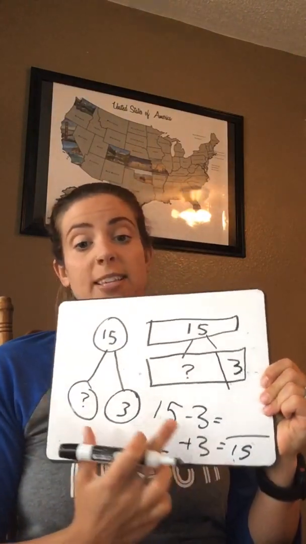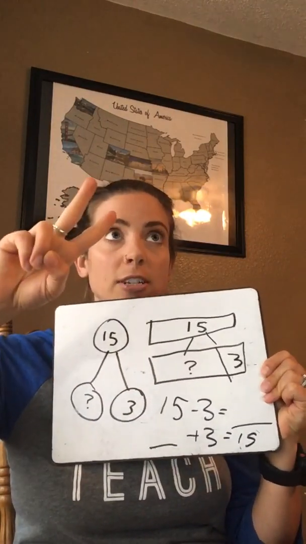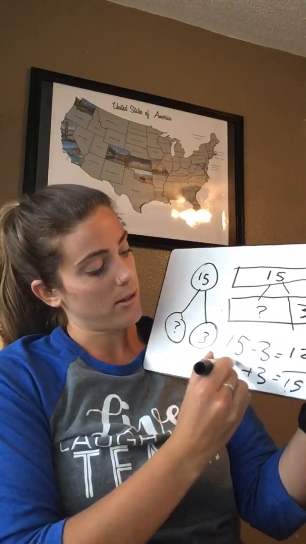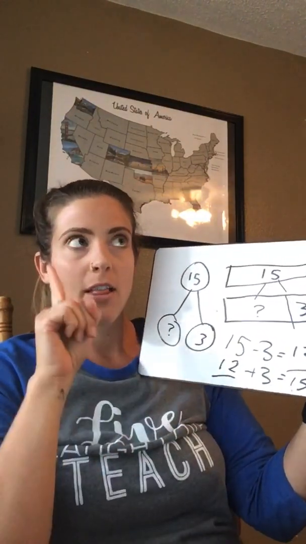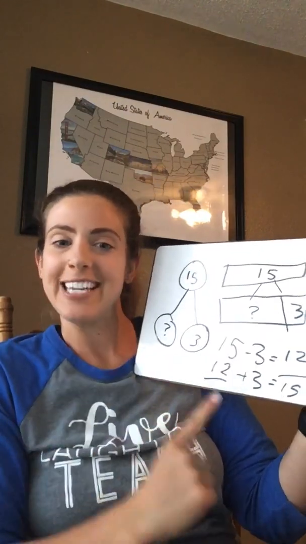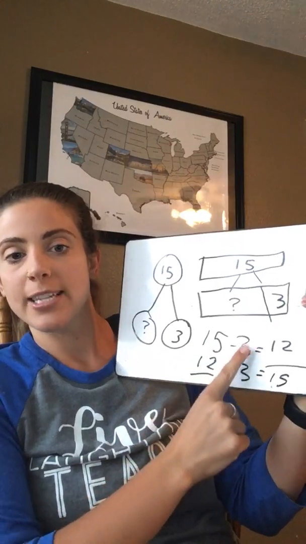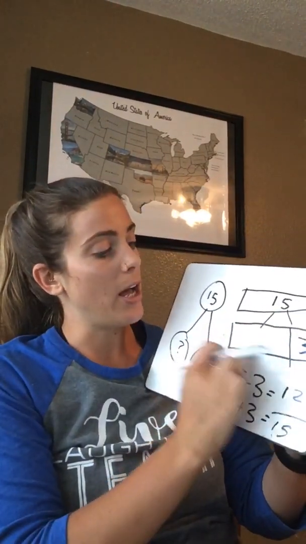I think the easiest way for me is I'm just going to go backwards. 15 minus 3. 15, 14, 13, 12. And we can check and make sure that works. Does 12 plus 3 give us 15? Let's check. 12, 13, 14, 15. Yes, it does. So 12 plus 3 is 15. 15 minus 3 is 12. So Cindy went down the slide 12 times.